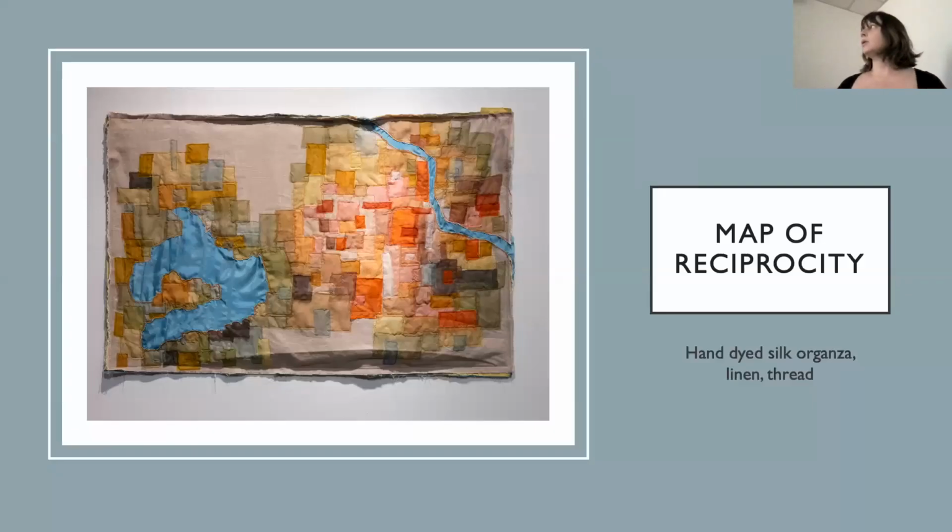Another piece that used natural dyes as a way to talk about landscape and plants is this Map of Reciprocity. It's a map of Lawrence, not to scale necessarily, but it uses a lot of silk organza and another silk that are dyed all with plants from here in Lawrence that I was given by people.